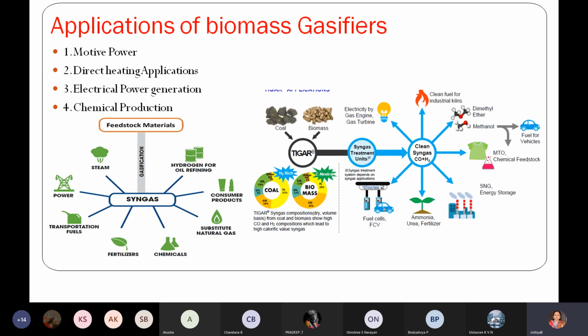Next we shall discuss the applications of biomass gasifier. First is motive power.